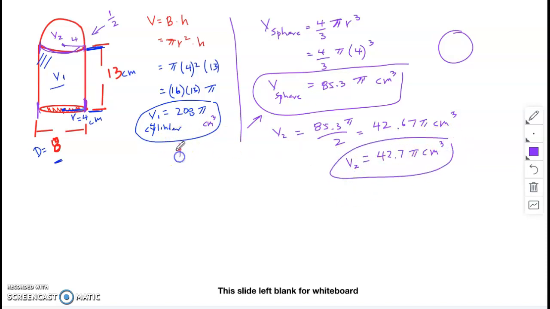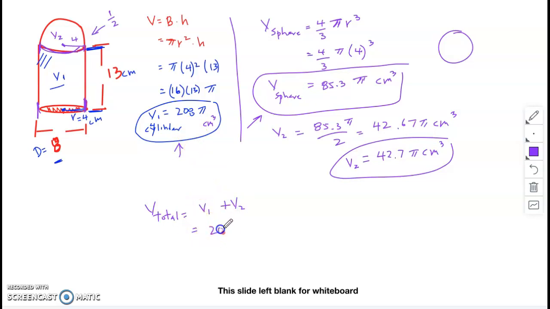So 208 pi is the volume of the cylindrical part, which is the bottom part. Then 42.7 pi is the volume of the hemispherical part, which is the top. And now to find the volume of the total salt shaker, I just need to add volume 1 plus volume 2.